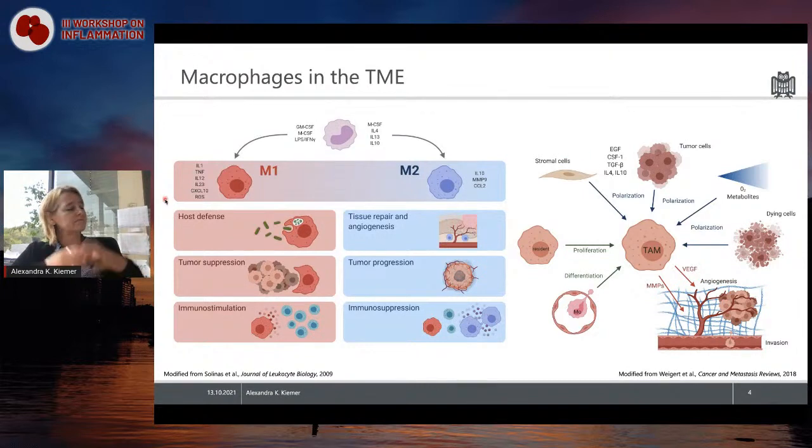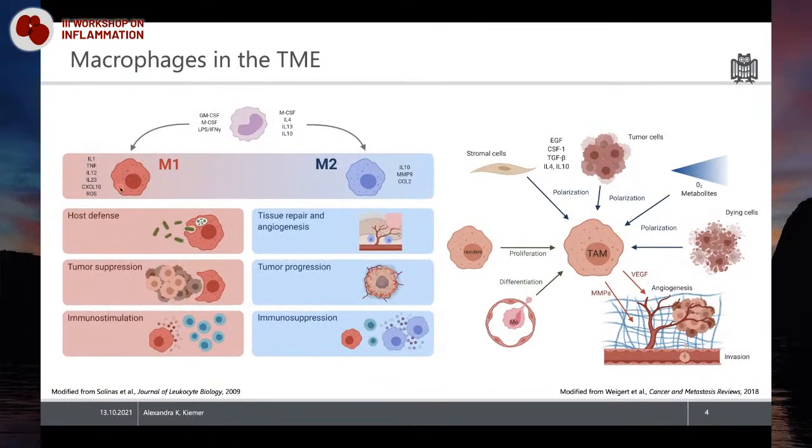So there are lots and lots of different phenotypes of macrophages, and the two extreme phenotypes are typically denoted as M1 and M2 macrophages. M1 macrophages are the typical inflammatory macrophage phenotype. If you think about an acute bacterial infection, this macrophage performs phagocytosis, produces microbicidal compounds and so on.